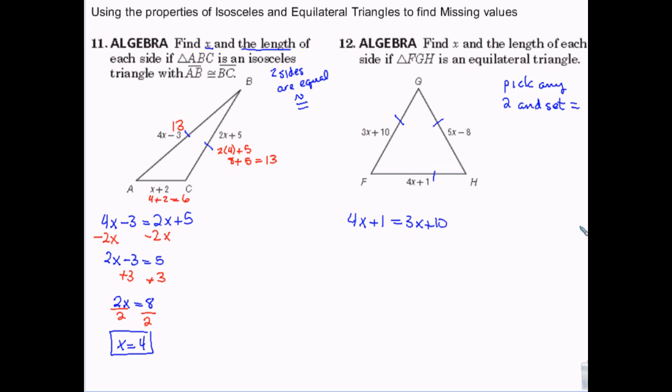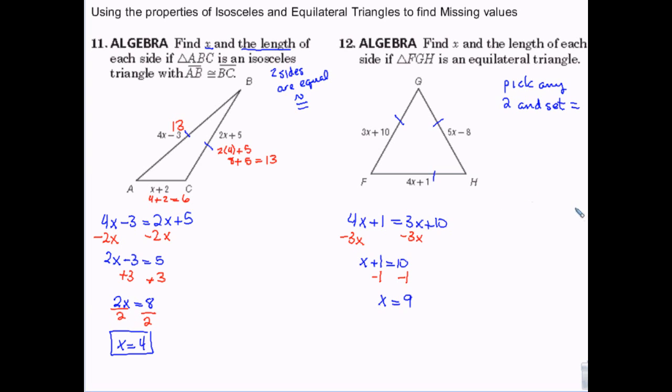Okay. Subtract 3x from both sides. So I get x plus 1 equals 10. Subtract 1 from both sides, and you get x equals 9. Now, because they're all the same length, I only have to find the length of one side.